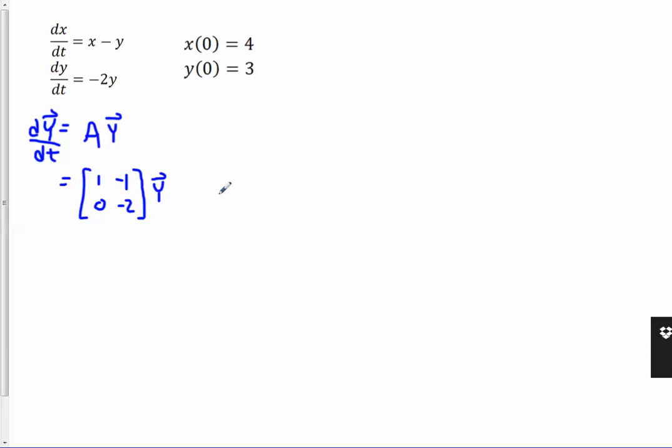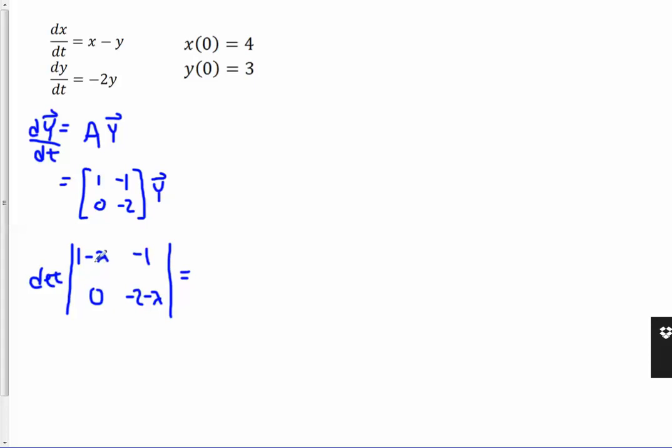Okay, so the way it works is we subtract lambda from the main diagonal, and we take the determinant, which I've written with straight lines, but I could also put det in front. Your eigenvalues are the lambdas that are going to make this determinant 0.